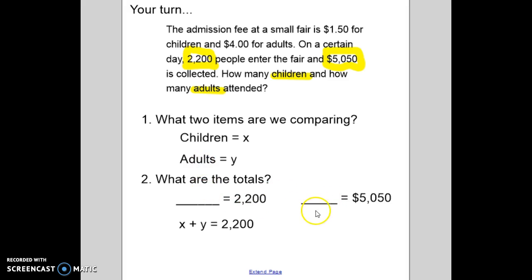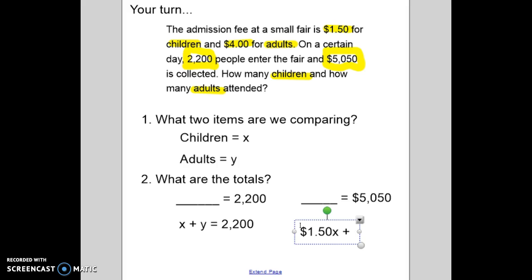For the second equation, I have an added element of cost. So not only do I know that I have children and adults entering the fair, but I also need to know how much everybody paid. So looking at the problem again, we know that $1.50 is a children's ticket, and we know that $4 is an adult's ticket. So I have to add that into my equation in order to get my total cost. So I'm going to tie those numbers directly to what they represent. I know that $1.50 is a child's ticket, so we'll start there. $1.50, and the number of children I don't know yet, so we have called that X. That's what we found in number 1.